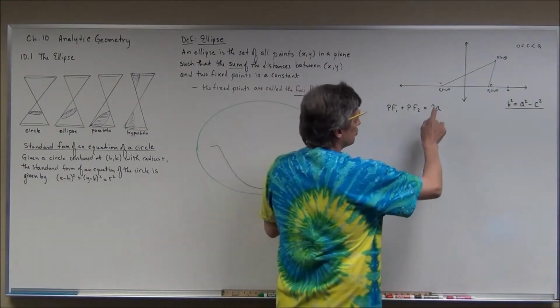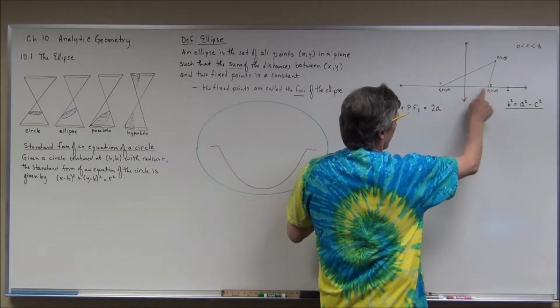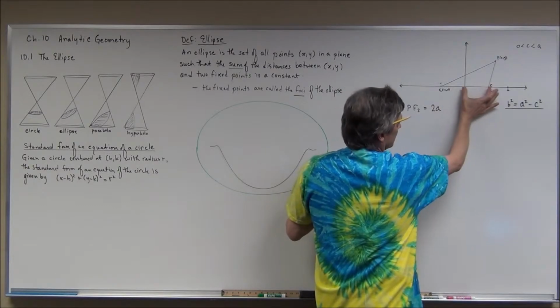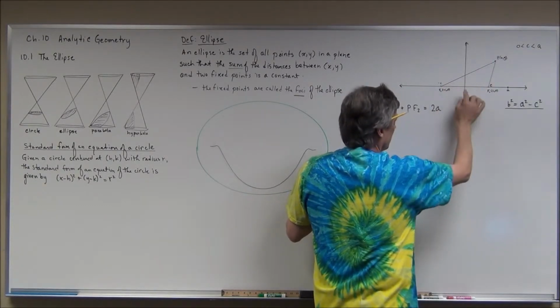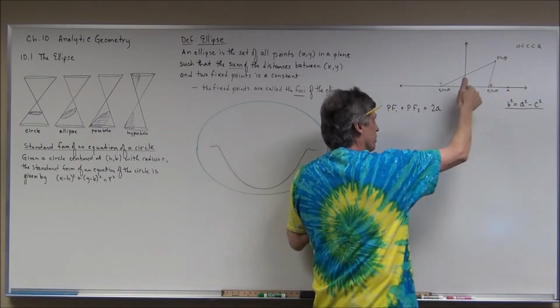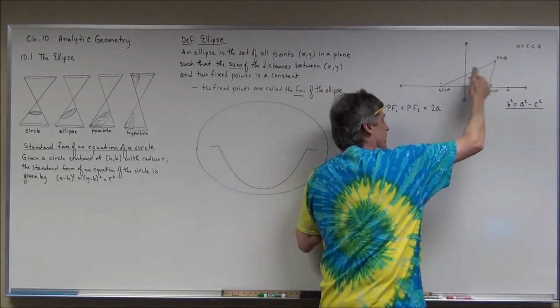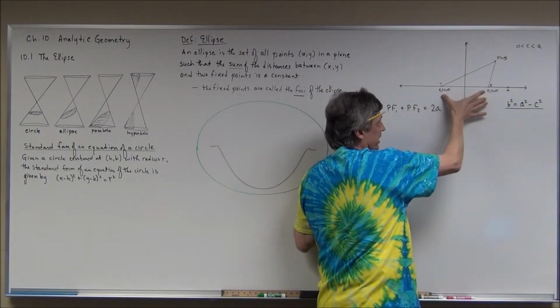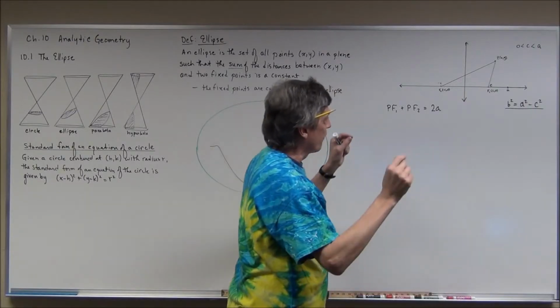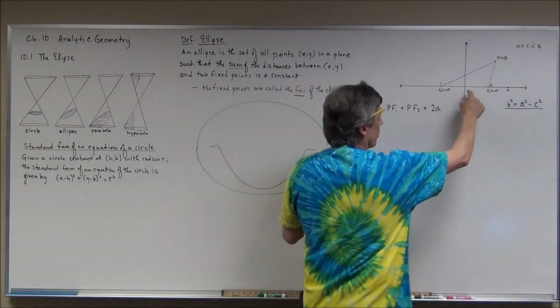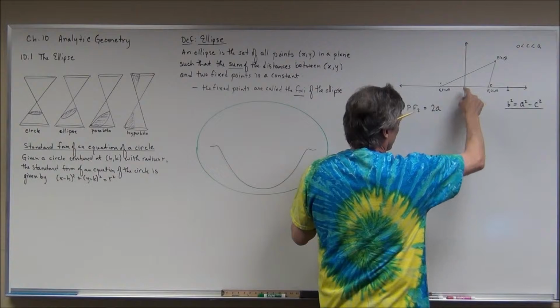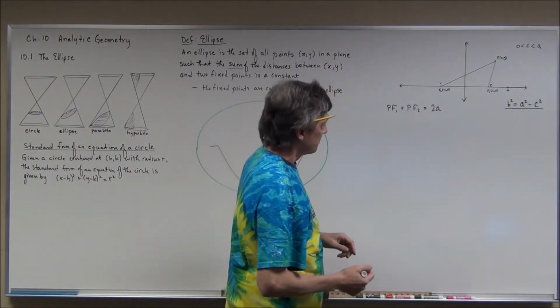Now, the way I've got this drawn here, I have two fixed points, F1 and F2, that are a fixed distance C from the origin. Just for convenience's sake, I'm making the origin the midpoint of the line segment that contains those two foci as endpoints. Just like we have the center of a circle, this is going to be called the center of the ellipse.